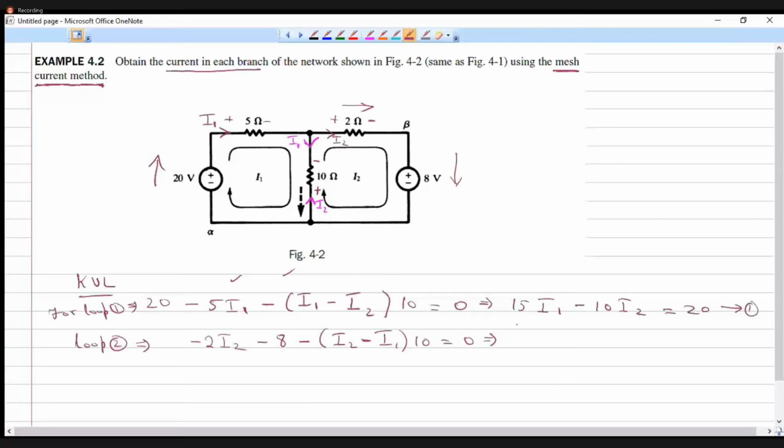Then 10 I1 minus 12 I2 equal to 8. We can easily solve these simultaneous equations and find I1 and I2. We get the same answer. I1 equal to 2 ampere.